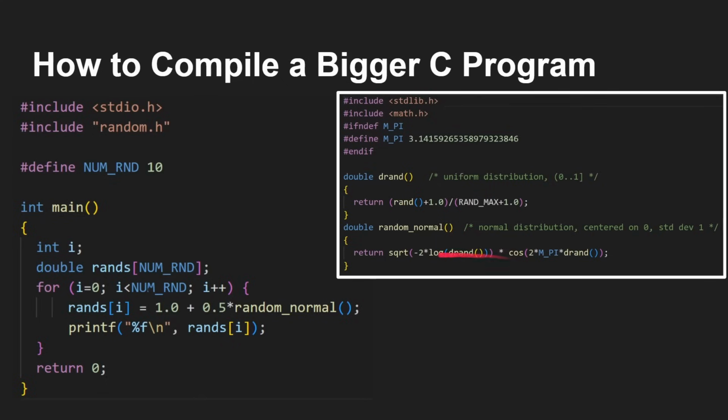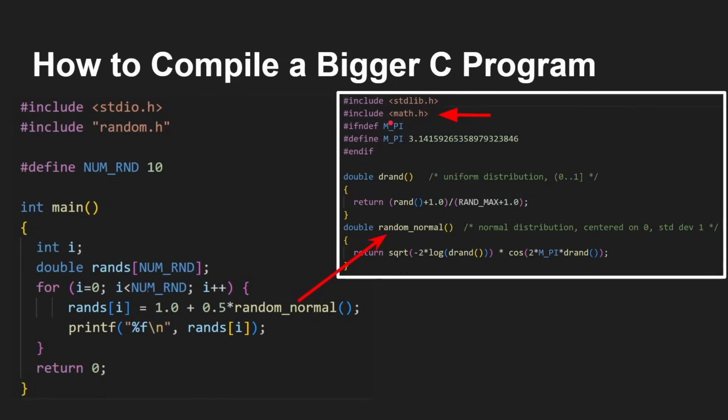Okay, and it's using cosine and square root and log and all this stuff here. So basically this little function here is in a separate program. So now I've got two source codes that I want to use both of them to create the final program. And so here is where that function is called, and here is where it's defined.